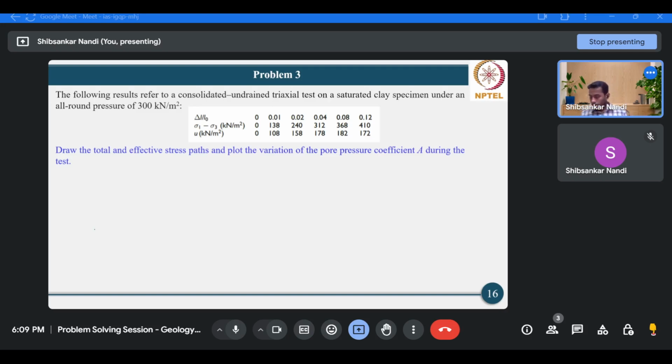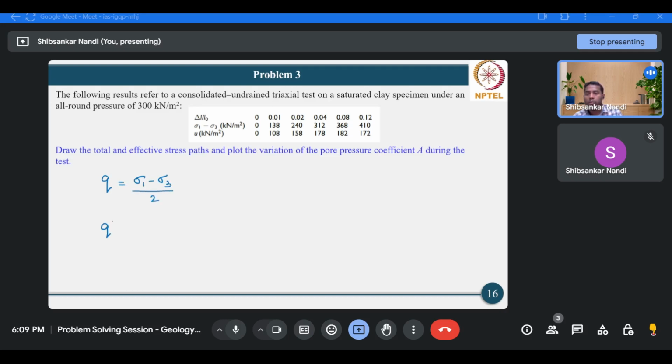So therefore, unlike the previous problem, in this case we'll follow the stress path representation used by MIT. That means Q equals (sigma 1 minus sigma 3) by 2.